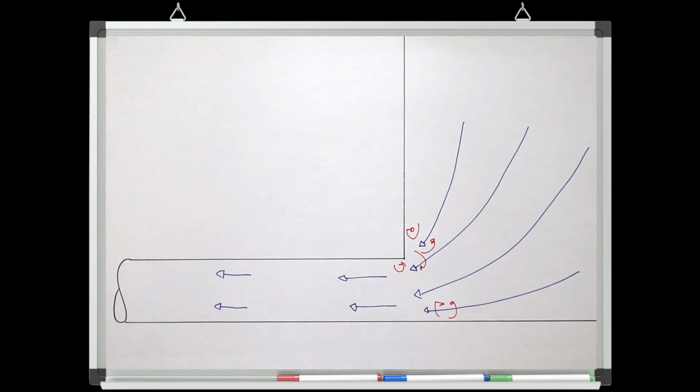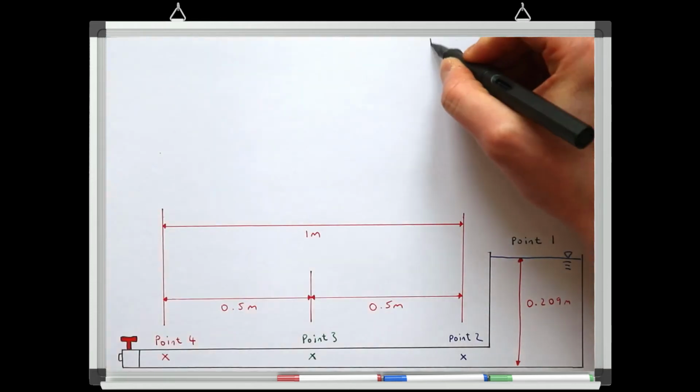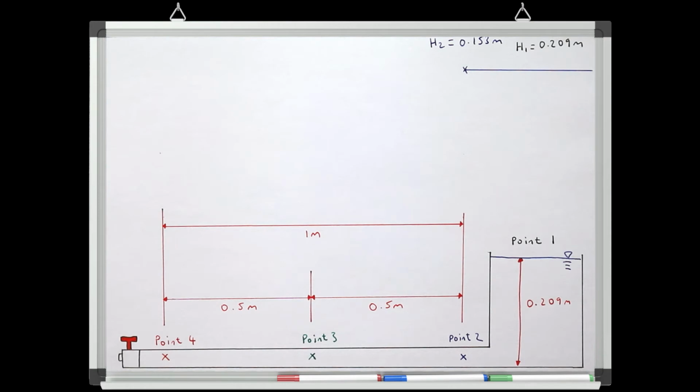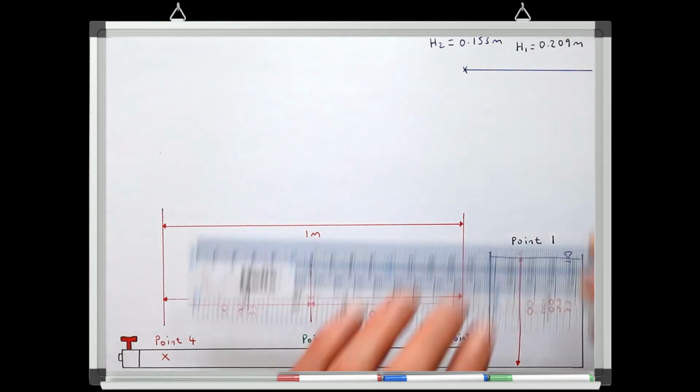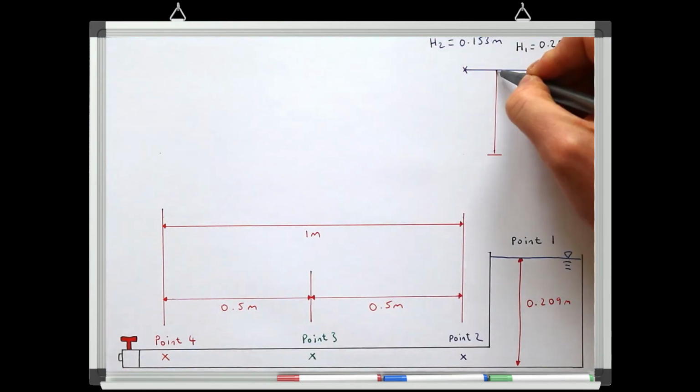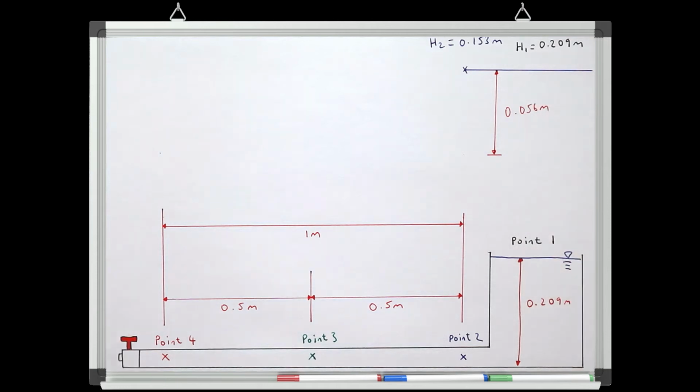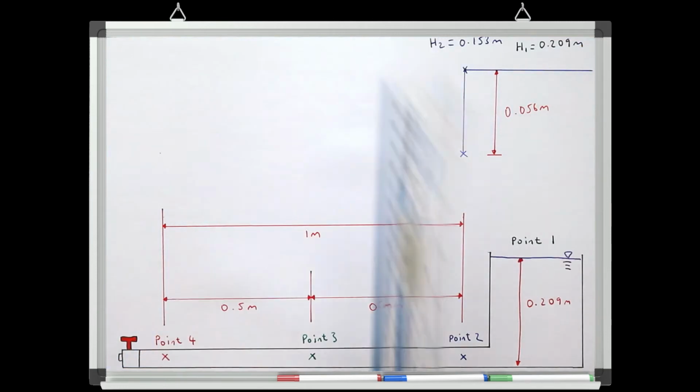So as we go from the tank to the pipe, we get this sudden drop in energy and we're losing 0.056 meters of total pressure head. On our total energy line, this would show us a sudden drop in energy at the location in the system where we've had the local loss.